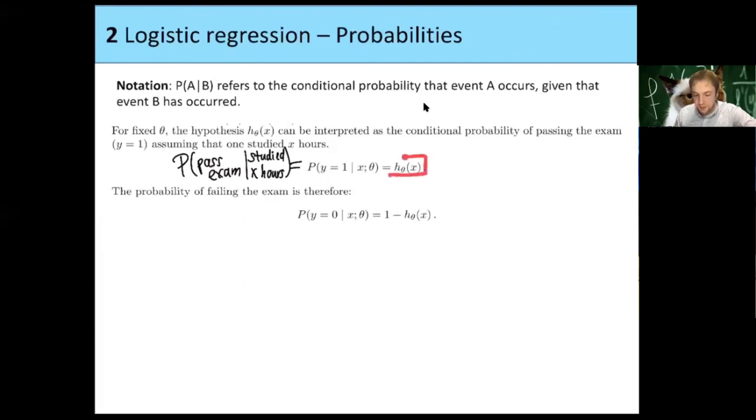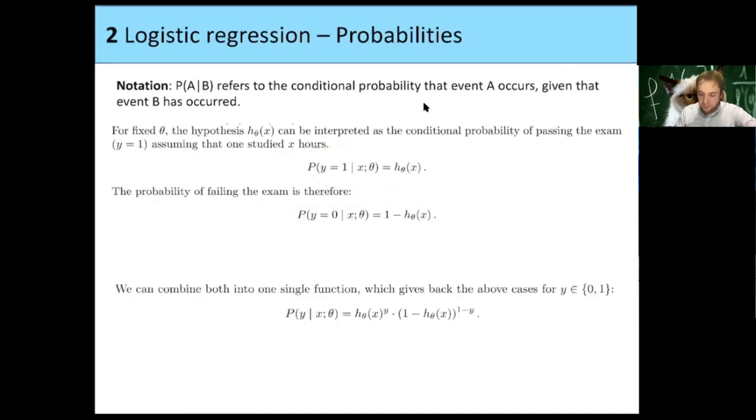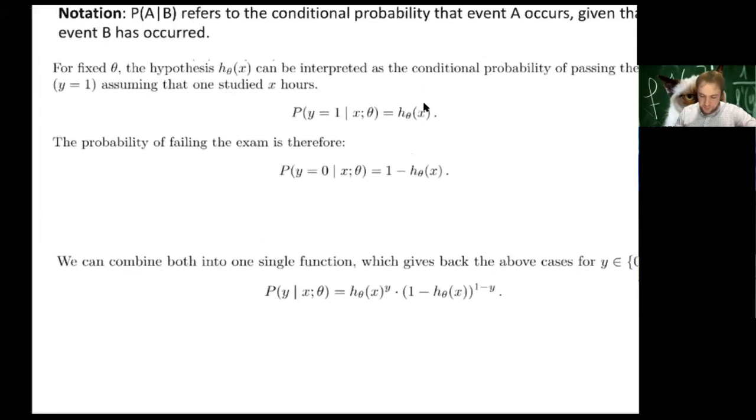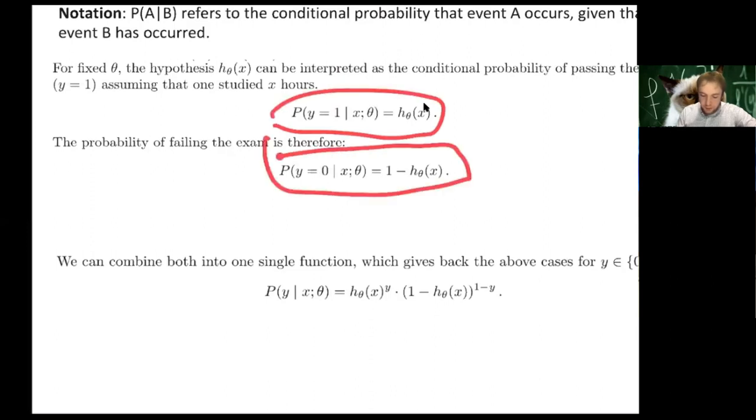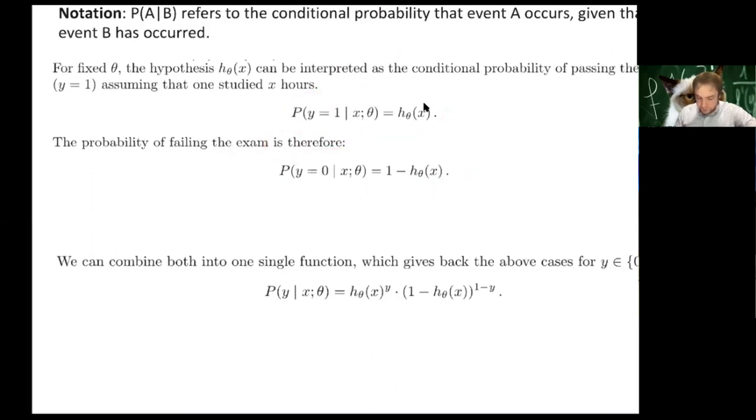Or in this case, we say this h gives us the probability of passing the exam. And this we can now put in a closed formula, which is given like this. So our y, our label, sorry, can be just 0 or 1. And if you want to put these into one formula, one simple trick is to write it like this.